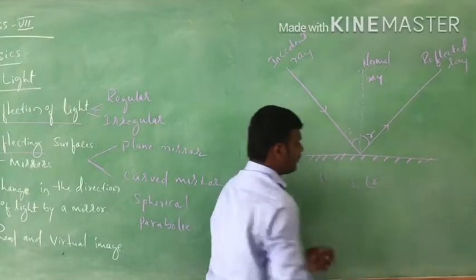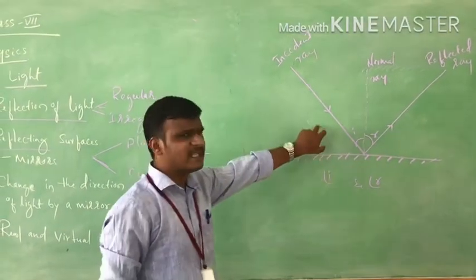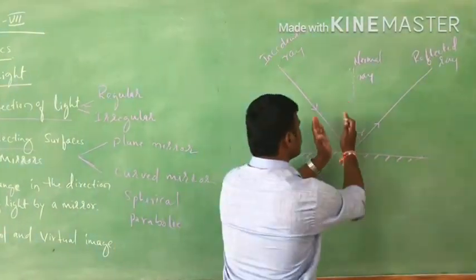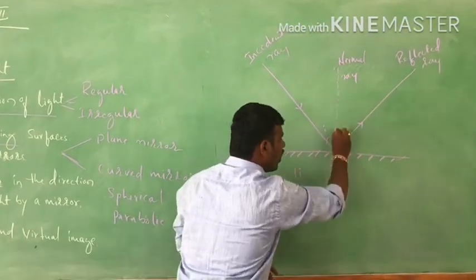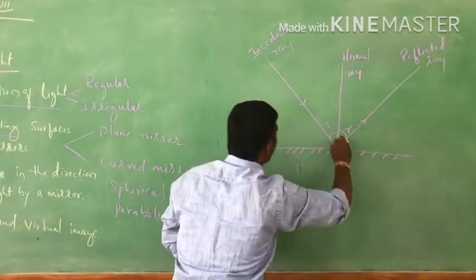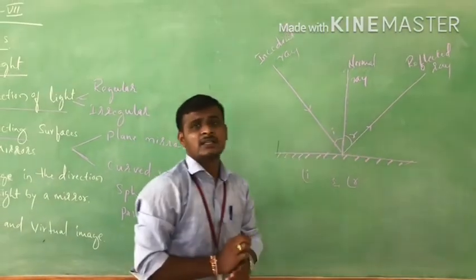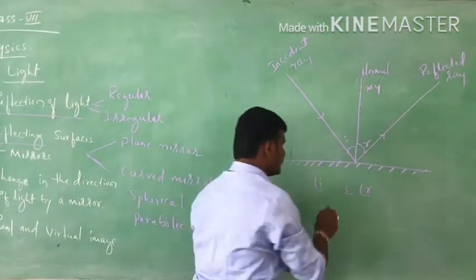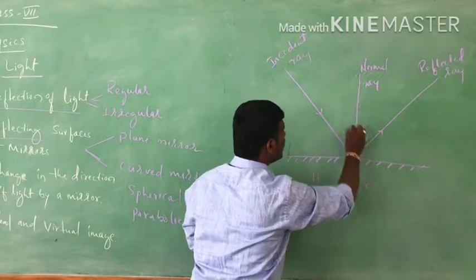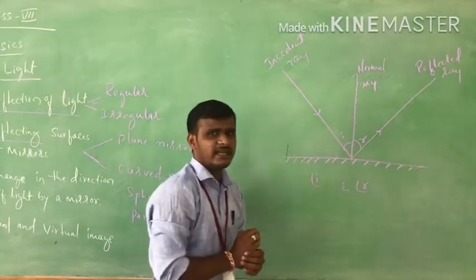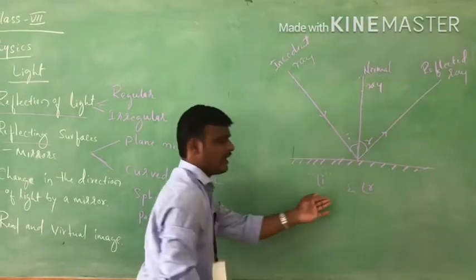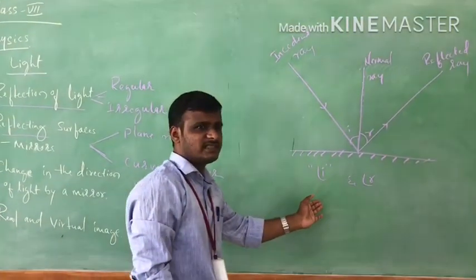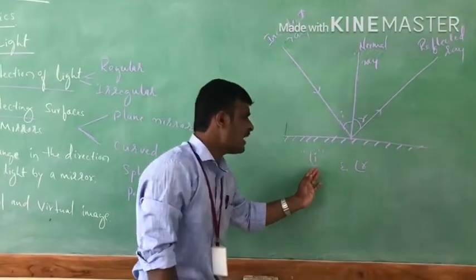Angle of incidence is the angle between the normal ray and the incident ray. This is the angle of incidence. We denote it as angle I.